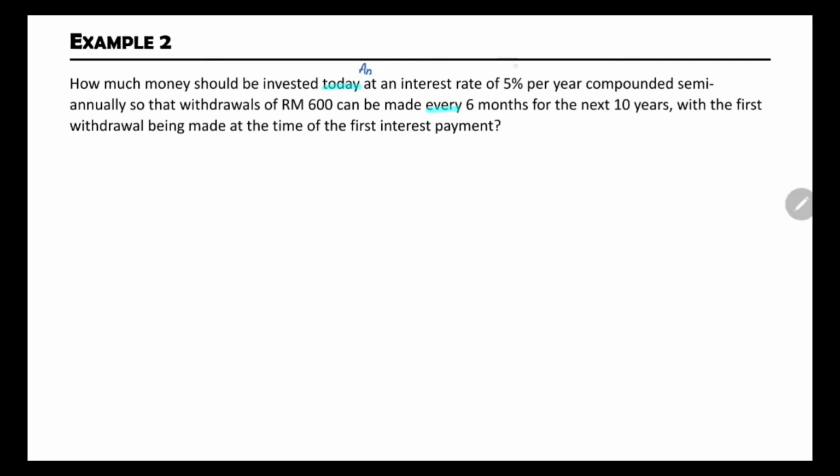At an interest rate of 5%, this is j per year compounded semi-annually, so m equal to 2. Withdrawals of 600 mean this is R. For the next 10 years, t equal to 10. So R is 600 every 6 months for the next 10 years, with j equal to 0.05 and m equal to 2.